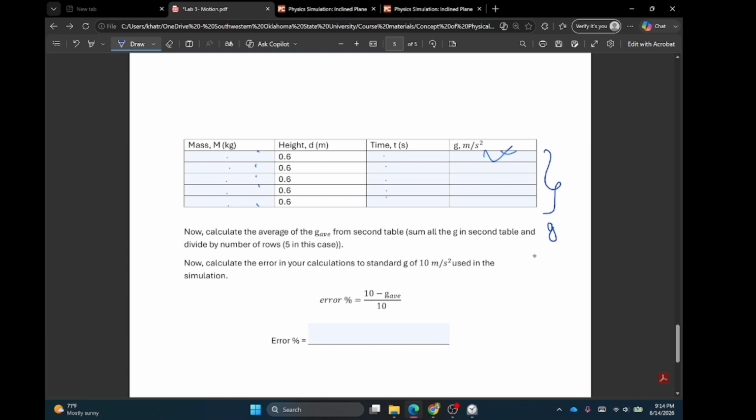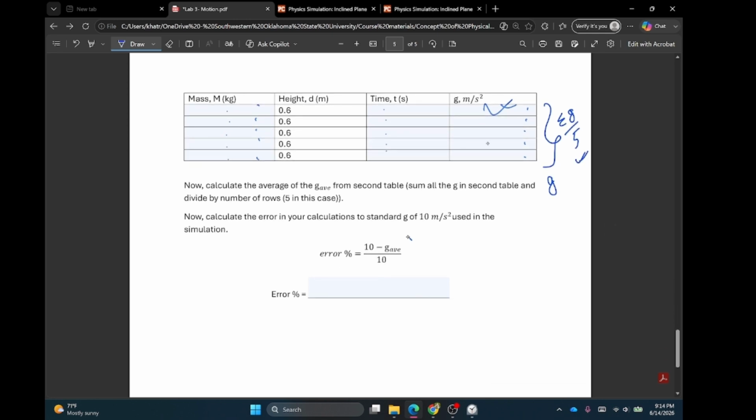So average is basically, you will sum all of these and then divide by the number of data points, in this case 5. And then you will calculate the error between your calculated acceleration due to gravity and standard gravity, and give your answer here. And then you will just save the PDF and submit it on Canvas.